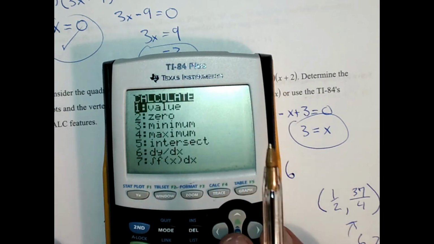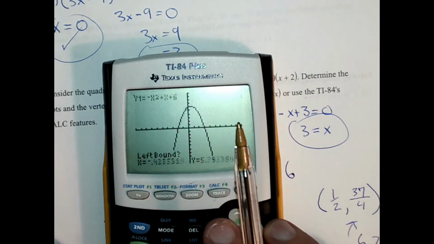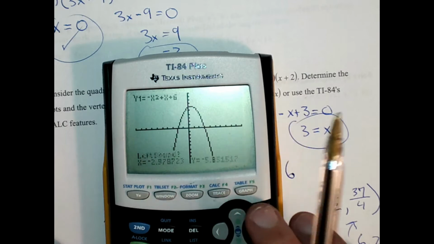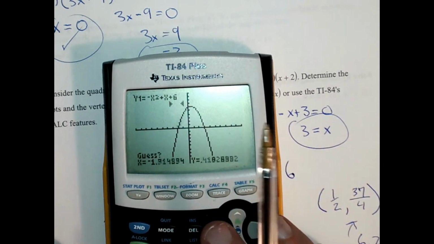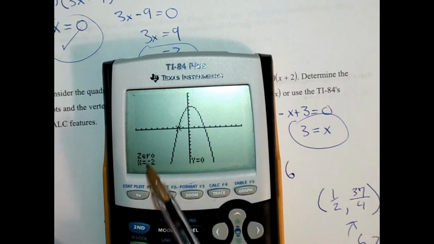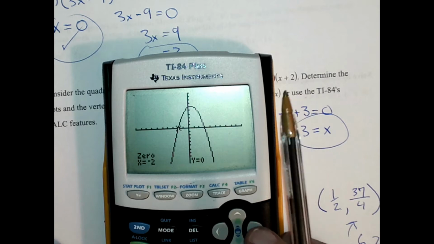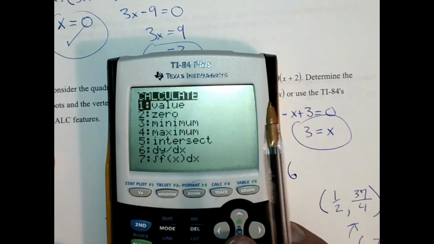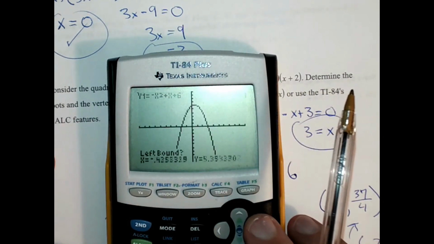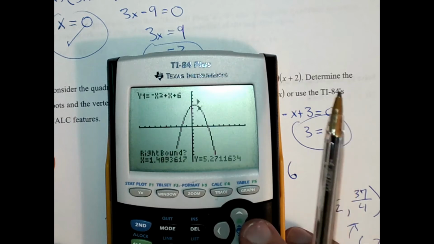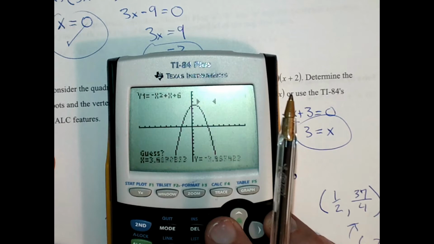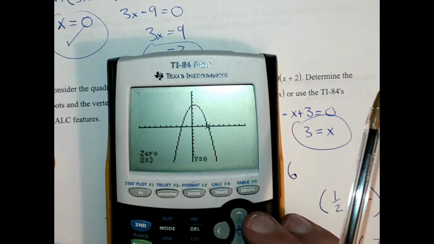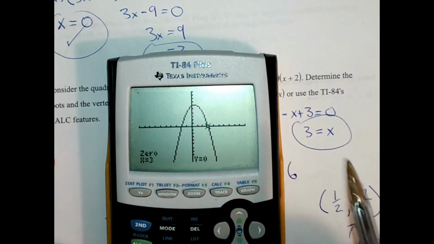Second trace, zero, left bound, so you go to the left and press enter. Right bound, go to the right of the root and press enter, and then guess, and there's one of our roots, -2, 0, and you could repeat the process for the other root. The left bound of this root, enter. The right bound, enter. The guess, enter. And then there's our other zero.